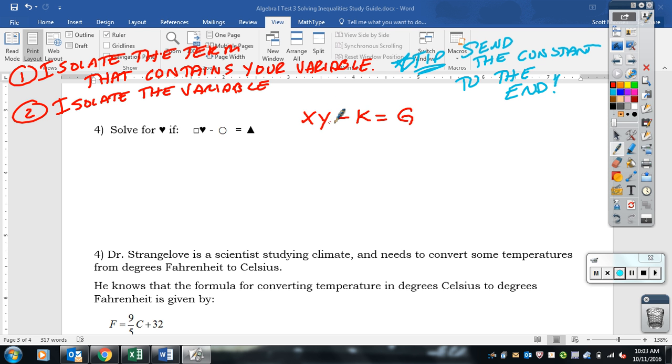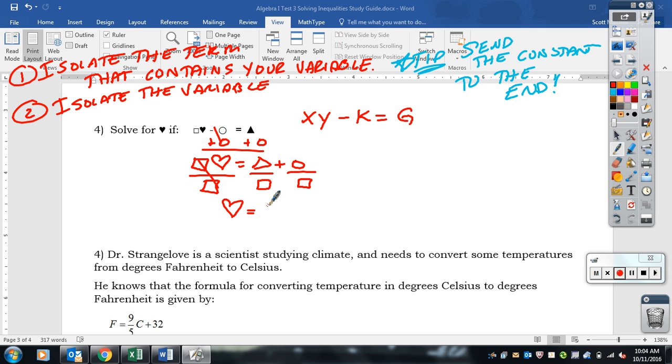So in this situation, if we were asked to solve for y, we would add k, isolate the term, and then get rid of the x. That's what we're going to do here. Isolate the term that contains my heart. Plus a circle: square times heart equals triangle plus circle. Divide by square. We can divide each term by square if you want.